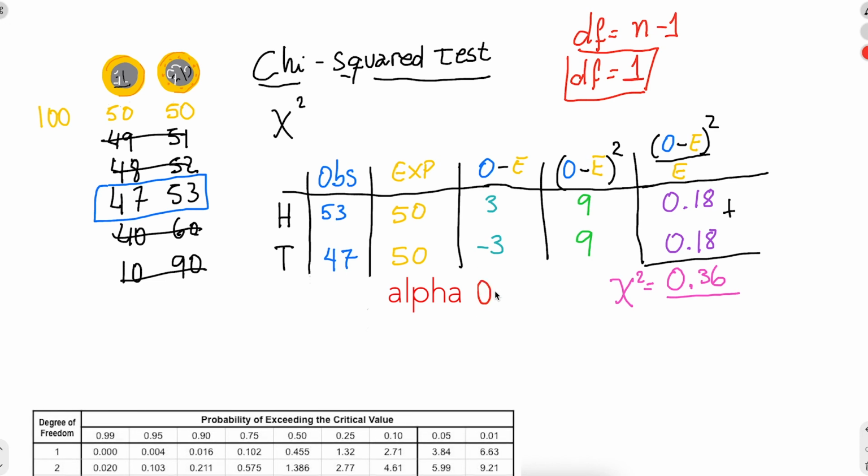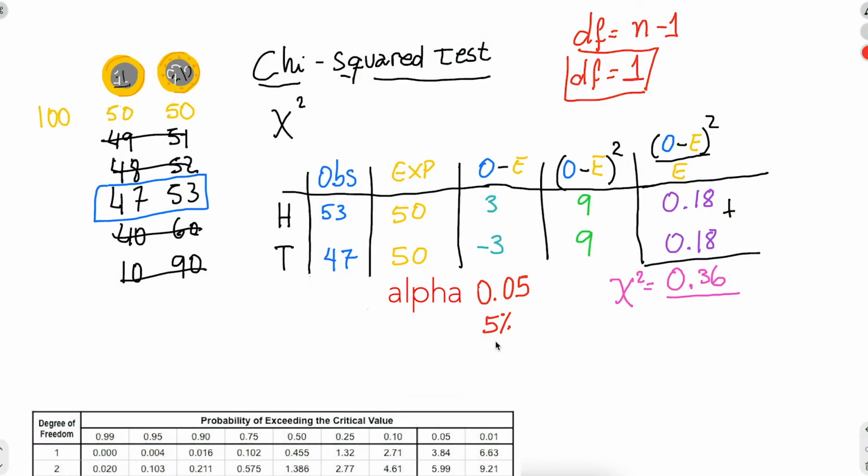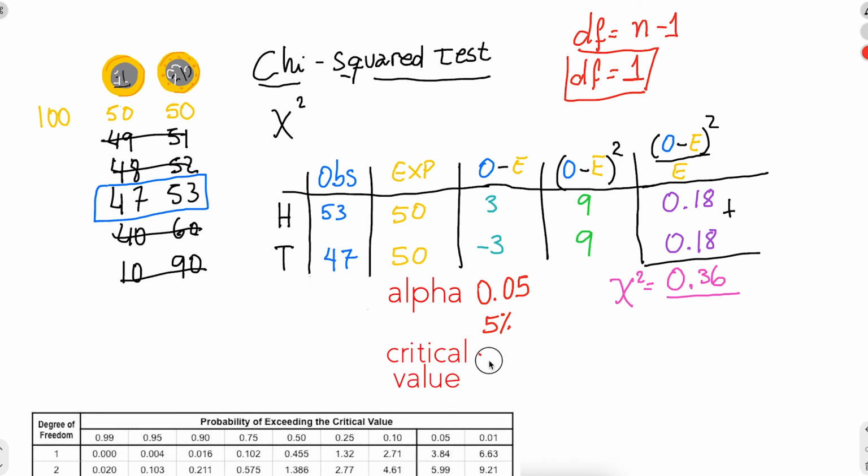So for a significance level of 0.05, look at the column that says 0.05. When you look at your chi-square table, at the row for 1 degree of freedom and the column for 0.05, you discover that the critical value here would be 3.84.